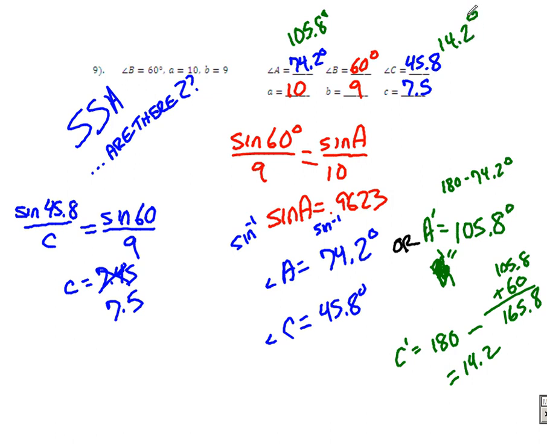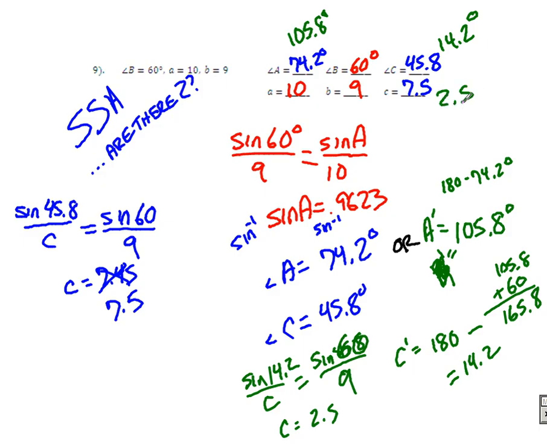And then side C, I'll set up very similar to this one over here. I should have sine of 60 over 9 is going to equal sine of 14.2 over my new side C. And when I cross multiply and divide here, I should get C equals 2.5.